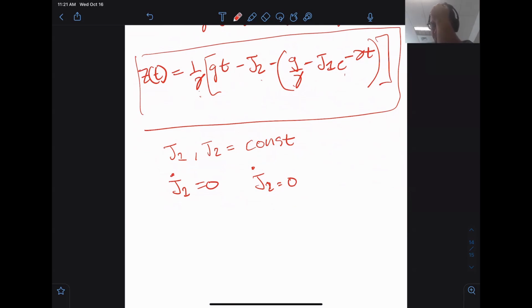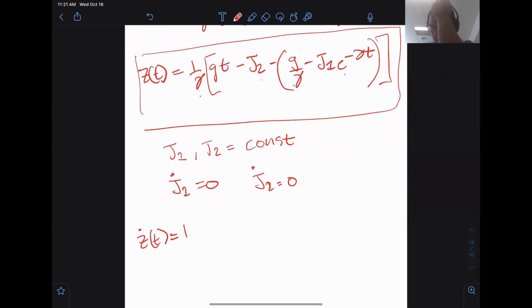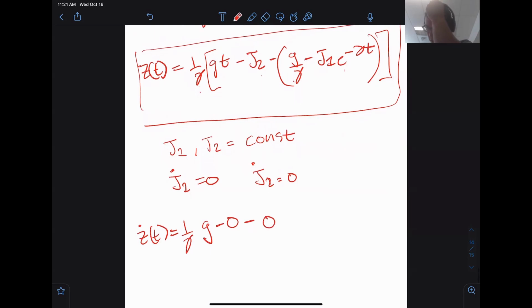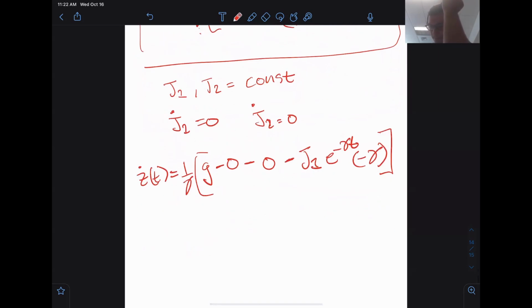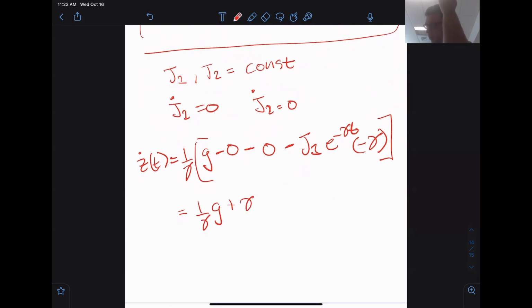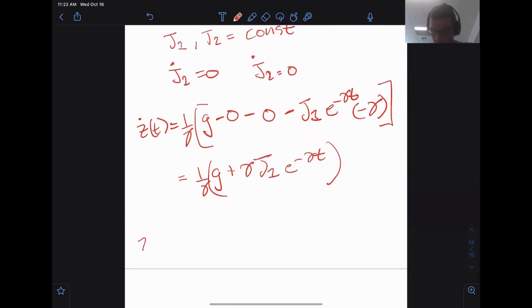So that should make taking this derivative pretty easy. 1 over gamma g minus 0 minus another constant 0 minus j1 e to the negative gamma t is equal to 1 over gamma g plus gamma j1. Okay, I'm going to take another time derivative.